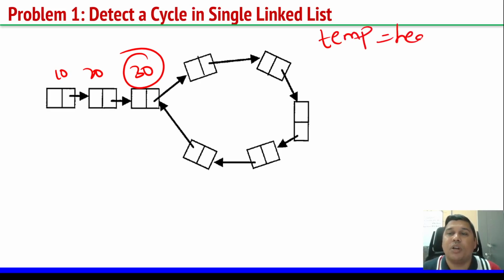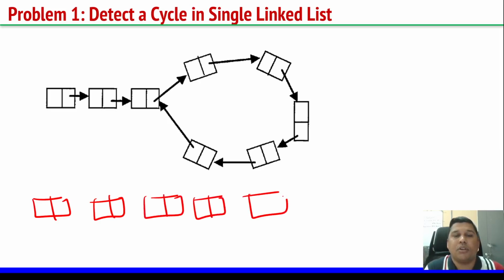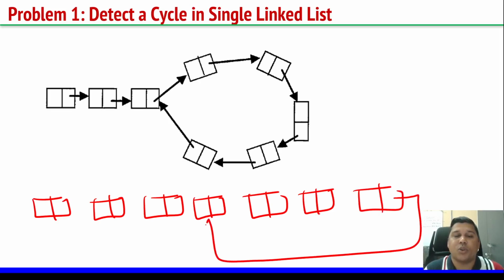Suppose you want to store the address of the 4th element. I have 1, 2, 3, 4, 5, 6 and 7, and the last one is pointing to this location, for example. This is my head.